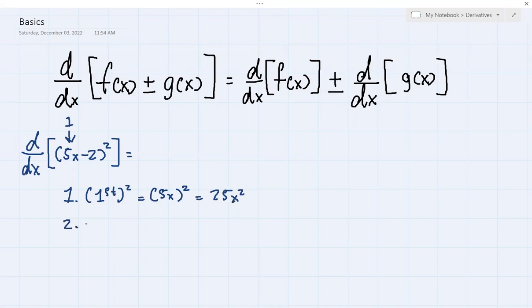The second step is twice the product of the first term and the second term, meaning 2 times the first term times the second term.